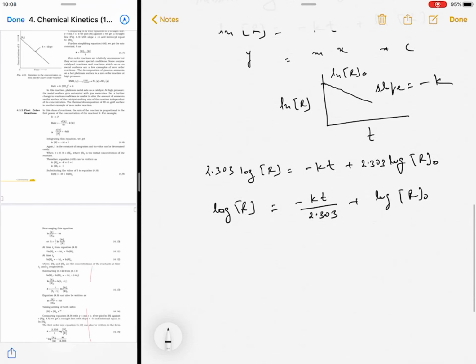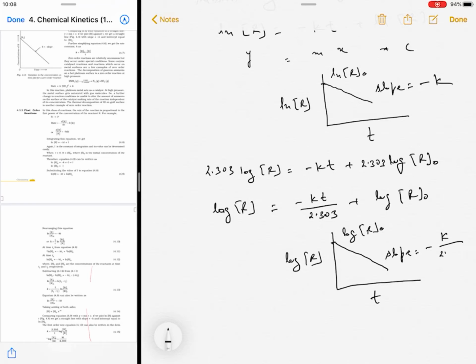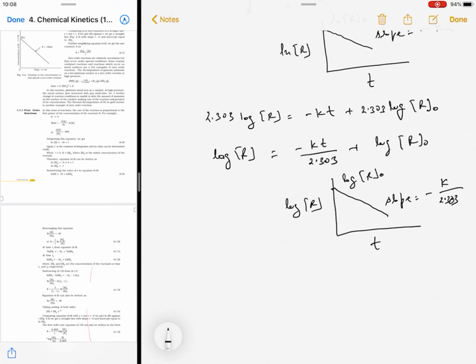Again we get the equation of a straight line, and if we plot a graph between log of [R] and t, again the graph has a negative slope. The intercept is log of R naught and the slope is equal to minus k upon 2.303. This equation is known as the integrated rate equation for first order.